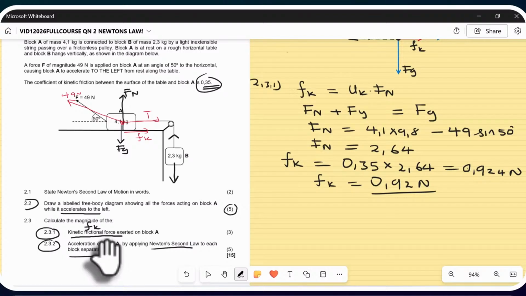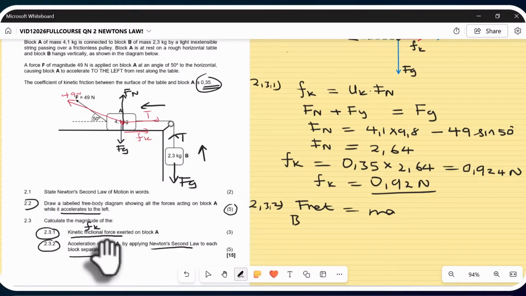So for our question 2.3.2, we talk about F net equals MA, and I start with block B. With block B, I see that my tension T minus Fg equals MA, the mass of block B times acceleration.